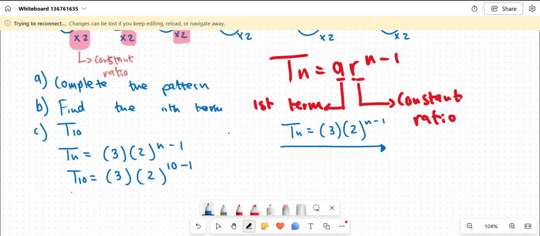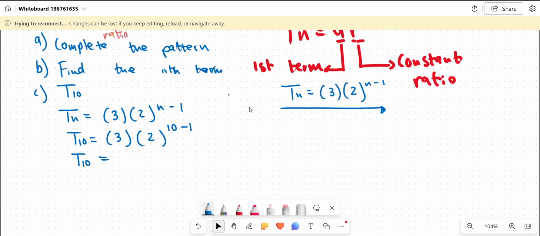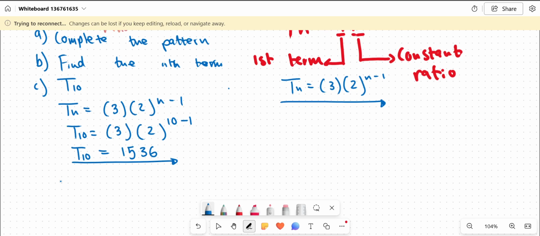And if you plug that into your calculator, the answer that you should be getting is 1,536. All right, there we go. So that's how you find this general formula of these patterns.